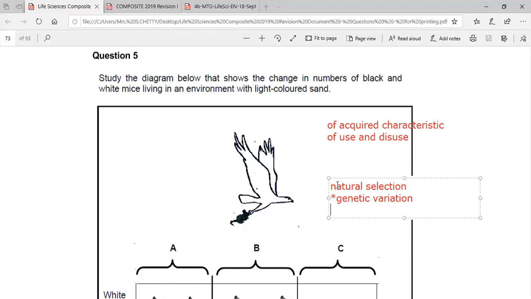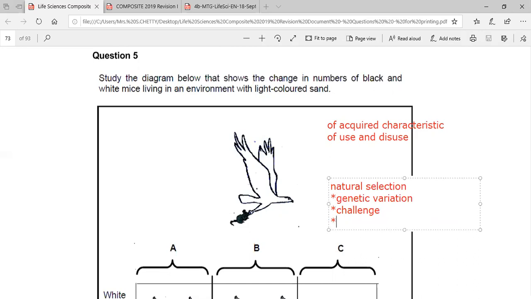Because your phenotype, your physical appearance, is determined by your genotype, your genetic composition. And what was the challenge? You had to know what was the challenge, because according to Darwin, there is something that will stimulate the changes that occur in the organisms. What was the challenge? It will be an environmental challenge.